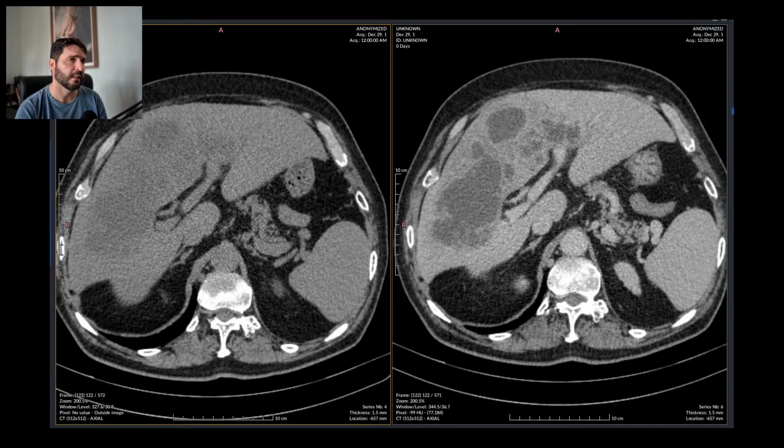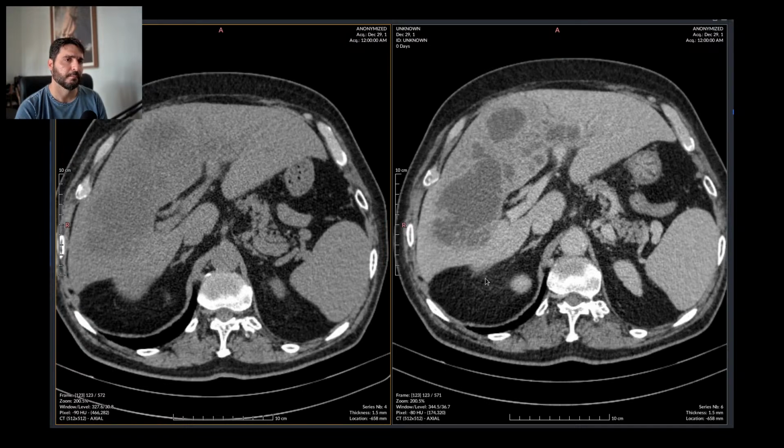Let's measure this lesion after enhancement. It measures 11 HUs, which are Hounsfield units, a unit of measurement of X-ray attenuation, and pre-contrast it's quite the same attenuation, 11 Hounsfield units.